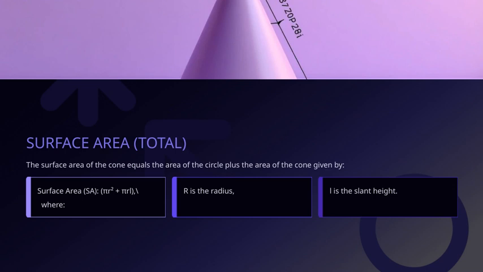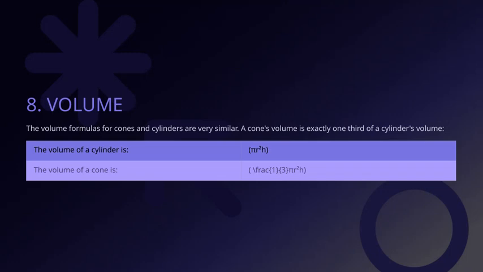This formula is really useful because it helps us quickly find the total area that the cone's surface covers, whether we're thinking about wrapping it, painting it, or just understanding its size. Remember, the key is understanding how the base area and the curved surface area come together to give us the total surface area.